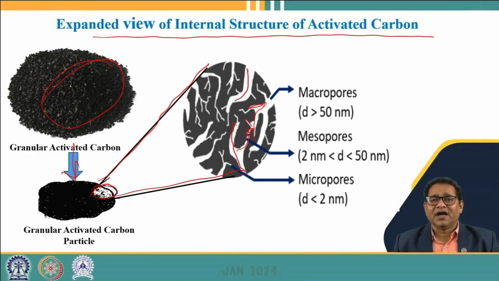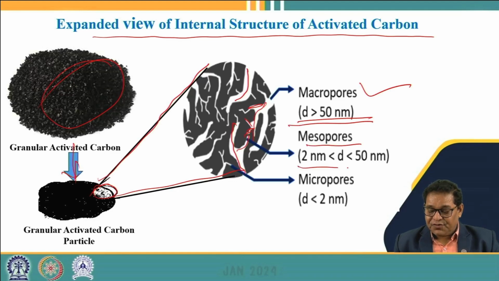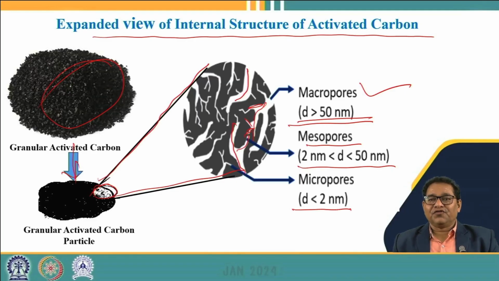Depending upon the diameter of the pores developed within the activated carbon, we can classify them as macropores, which have a diameter of more than 50 nanometer, mesopores, whose diameter varies between 2 nanometer and 50 nanometer, whereas the micropores have a size of less than 2 nanometer.